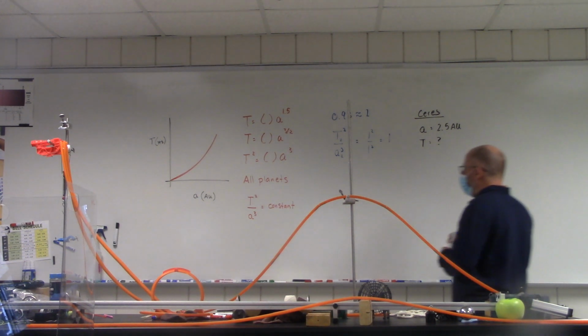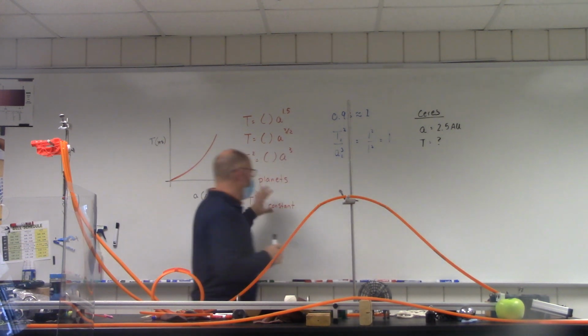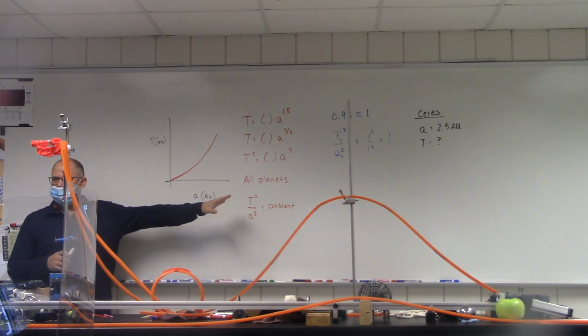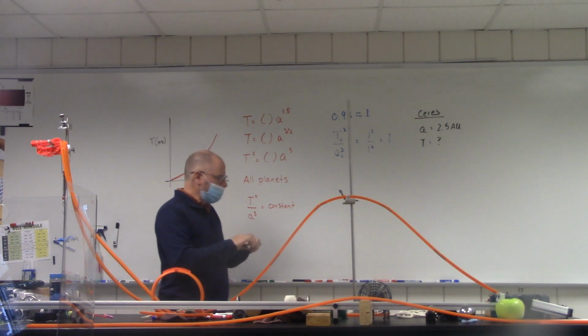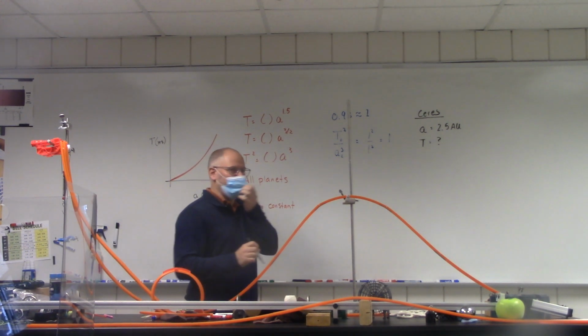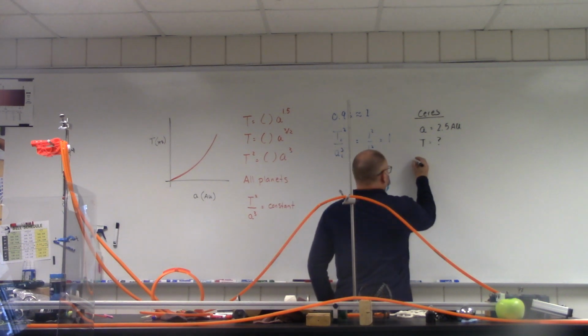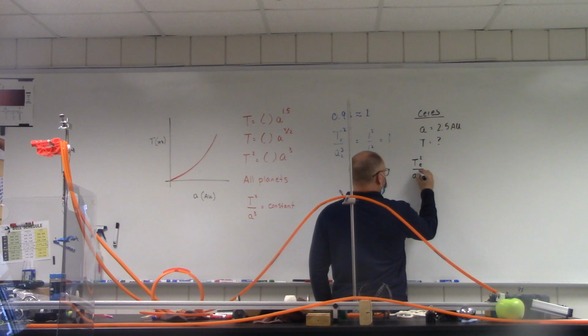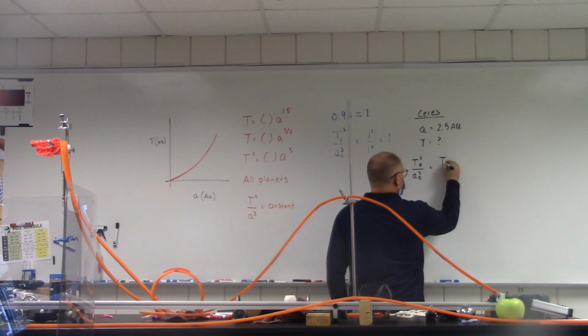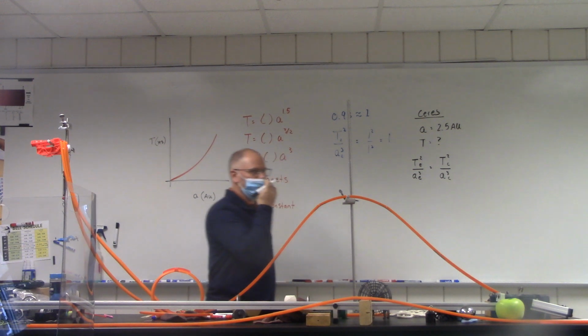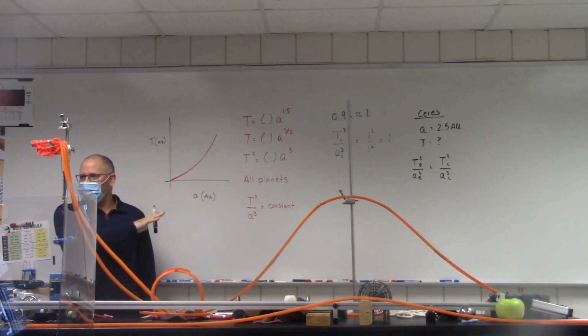All right, so here we go. Ready? Because I know this is the same for all planets, I can actually use that idea to solve. So I'm going to say that t squared for Earth over a cubed for Earth has to be equal to t squared for Ceres divided by a cubed for Ceres.